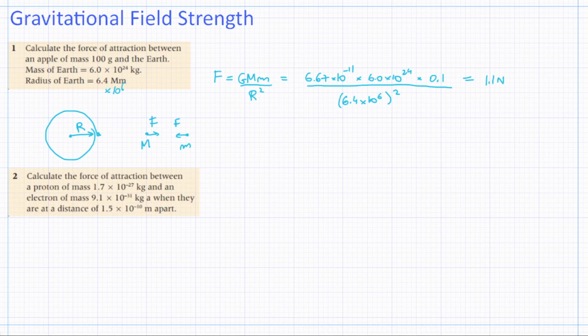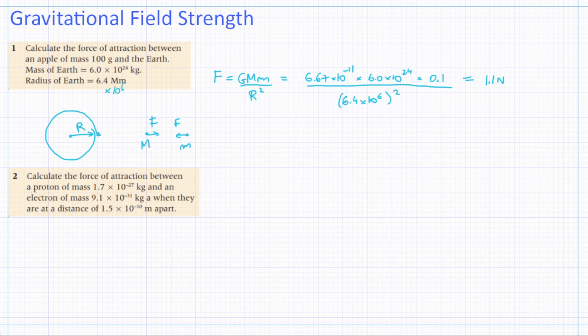So, another quick example. Calculate the force of attraction between a proton of mass 1.7 times 10 to the power of negative 27 kilograms and an electron of mass 9.1 times 10 to the negative 31 kilograms when they are at a distance of 1.5 times 10 to the power of negative 10 meters apart.